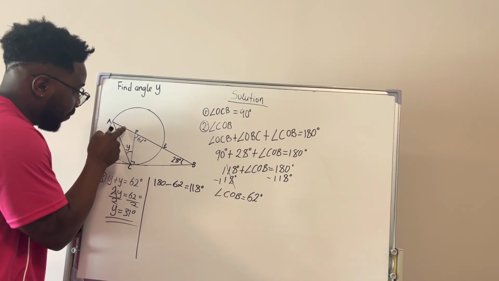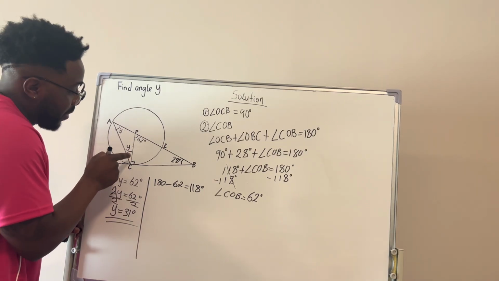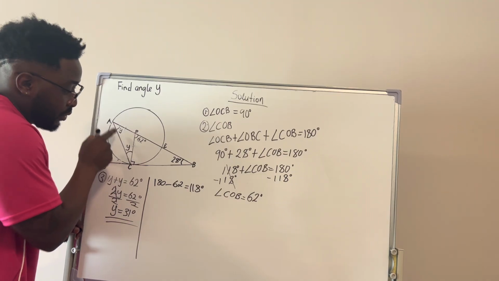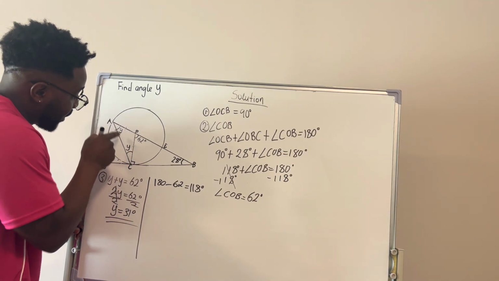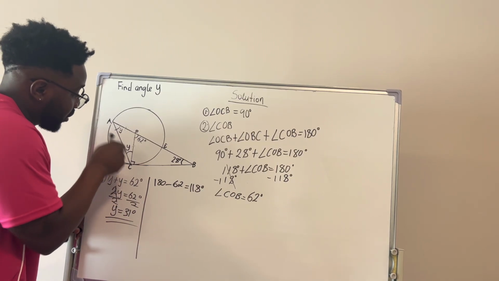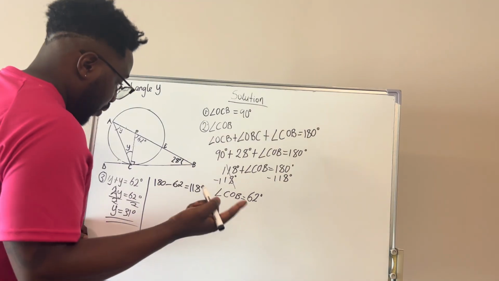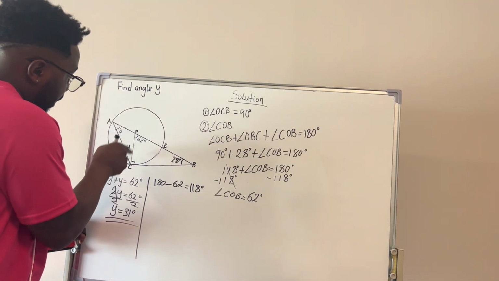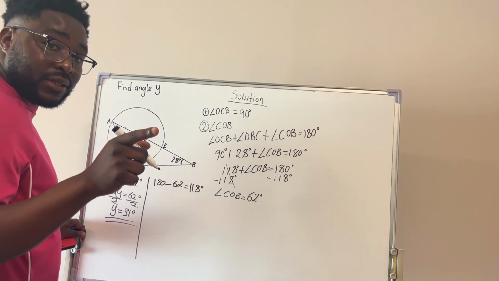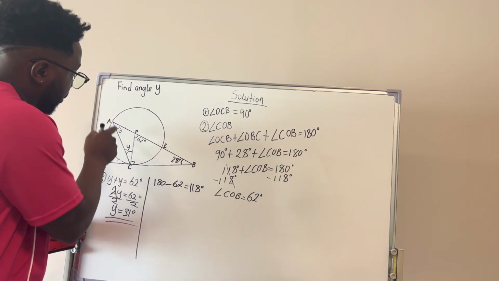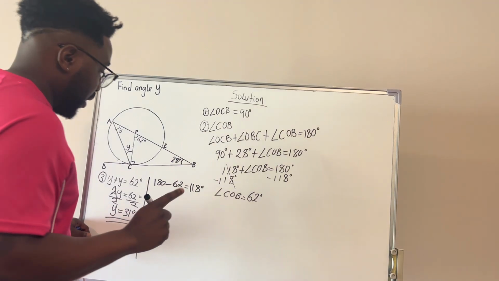Okay, and we have an isosceles triangle now. Remember, the opposite base angles in an isosceles triangle should be equal. If we know that angles in a triangle add up to 180, how do we find these two base angles?